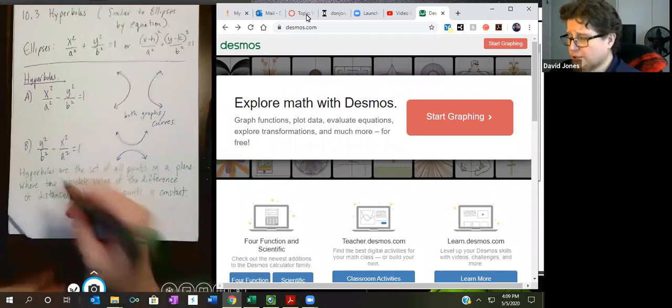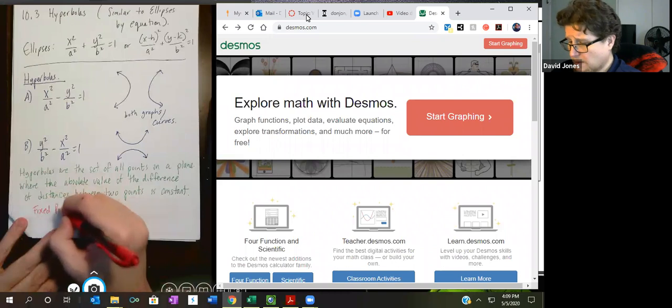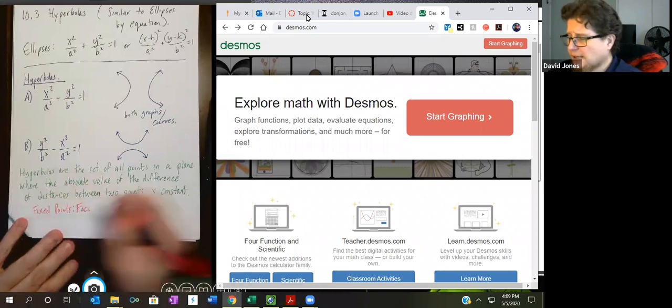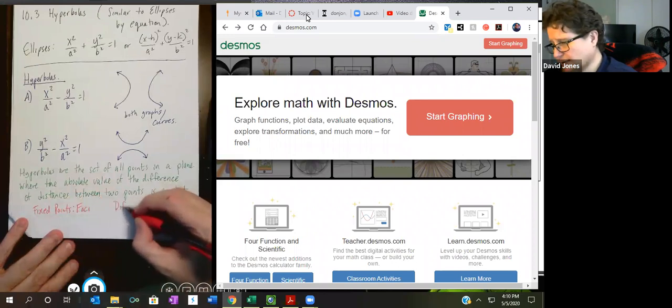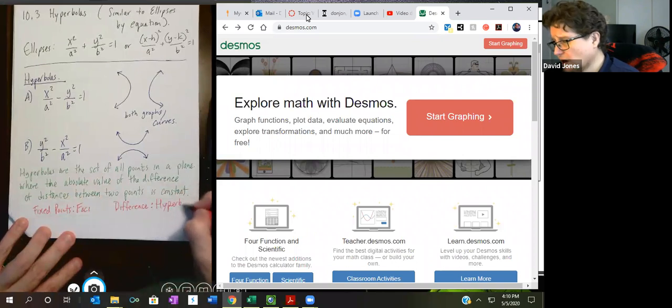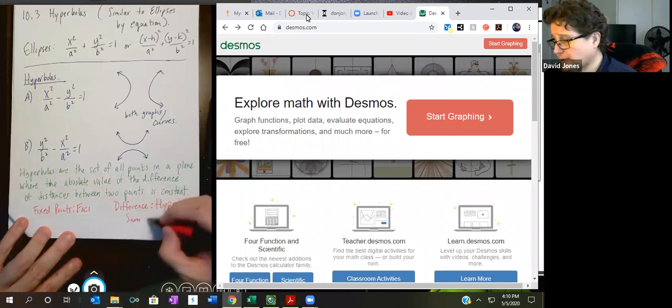Those fixed points are called the foci. And notice it's difference. That's for hyperbola. When we added them, the sum led to ellipses.